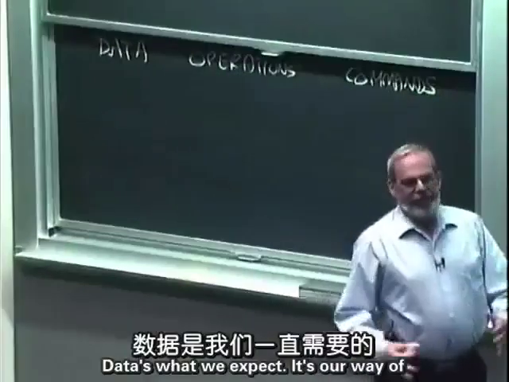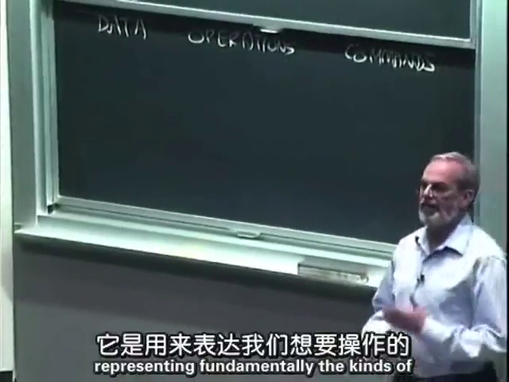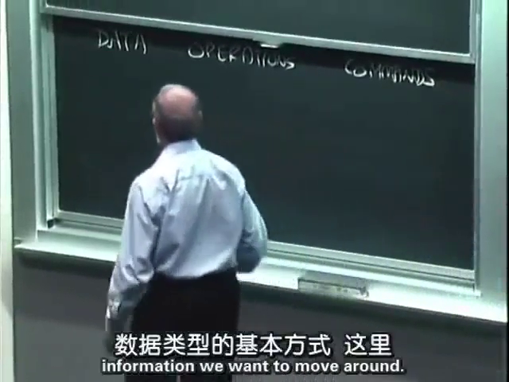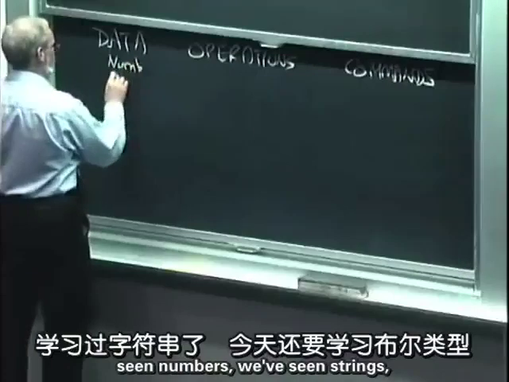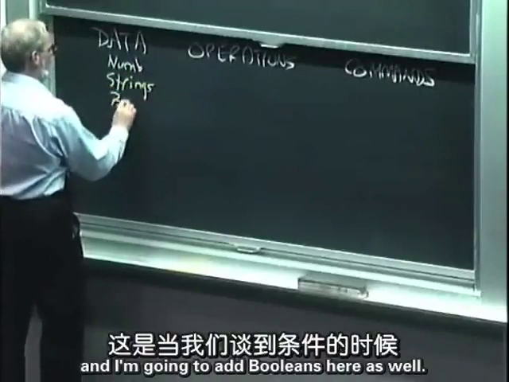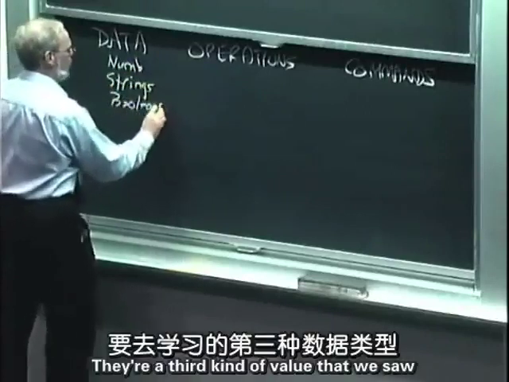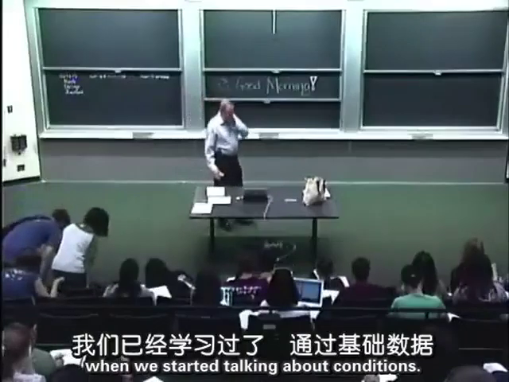Right? Data is what we expect. It's our way of representing fundamentally the kinds of information we want to move around. And here I'm going to suggest we've seen numbers, we've seen strings, and I'm going to add Booleans here as well. They're a third kind of value that we saw when we started talking about conditionals.